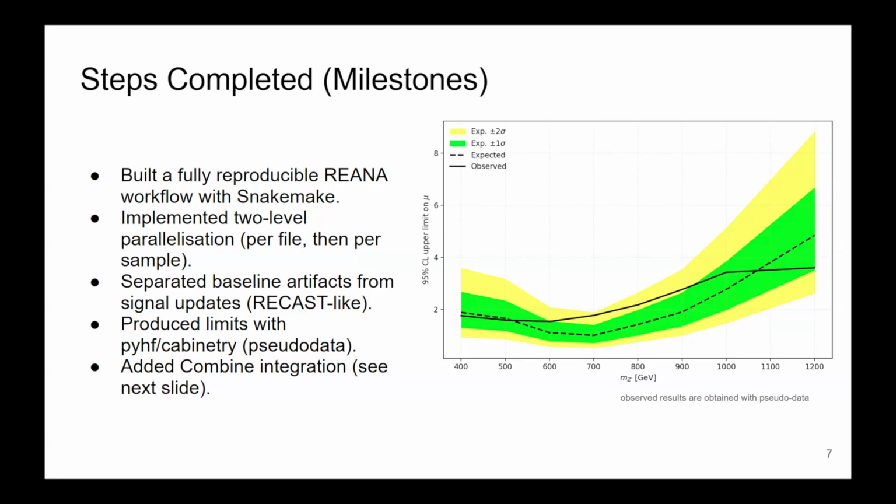The solid black line is our observed result obtained from pseudo-data. As you can see, the best sensitivity is around 600 to 1100 GeV, and toward higher mass the limit grows, which is the expected behavior.